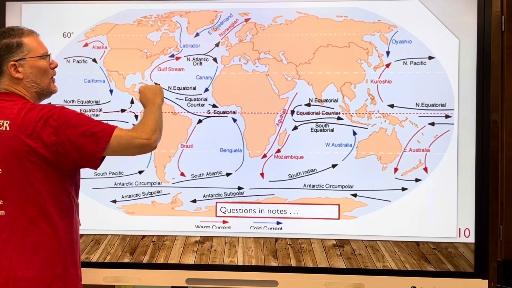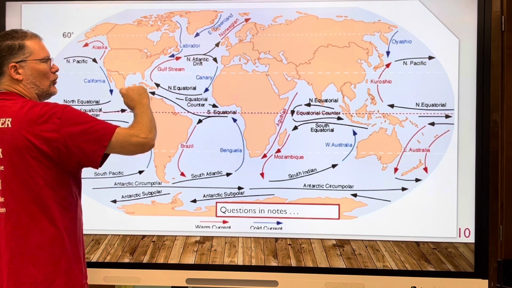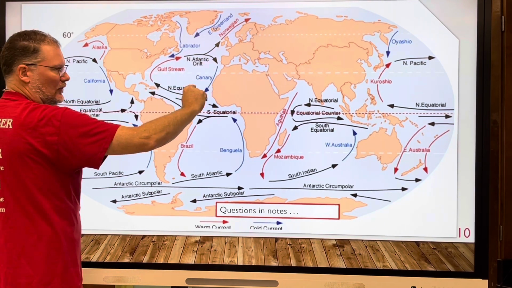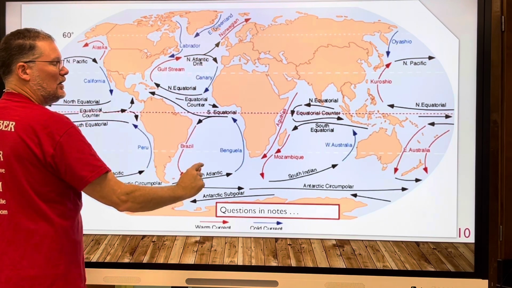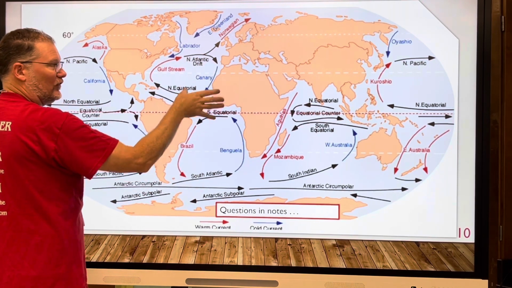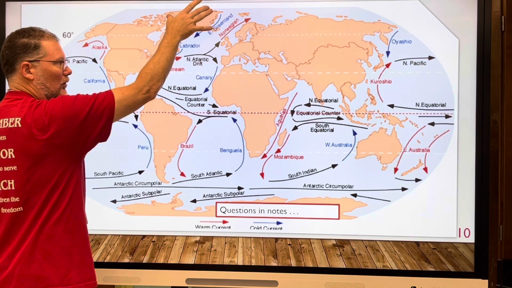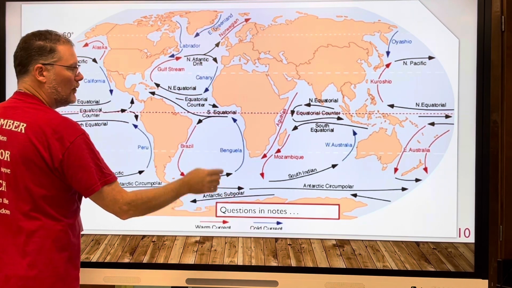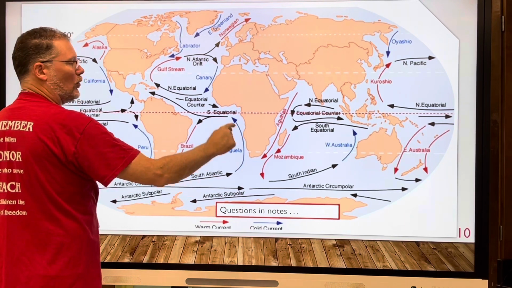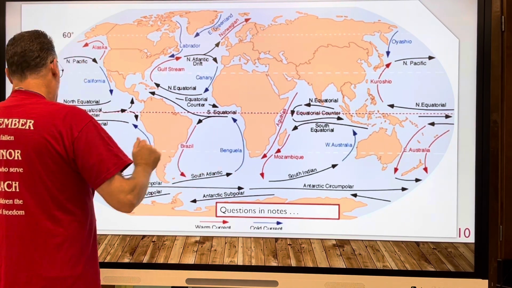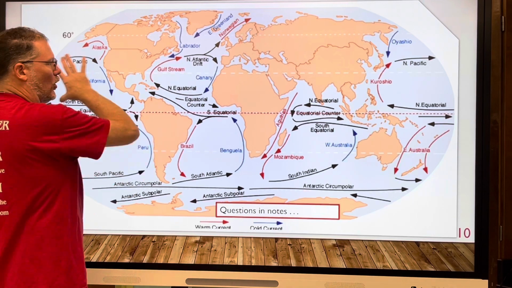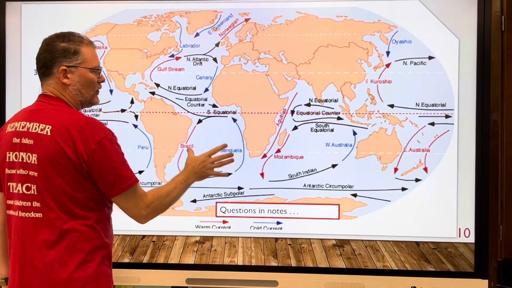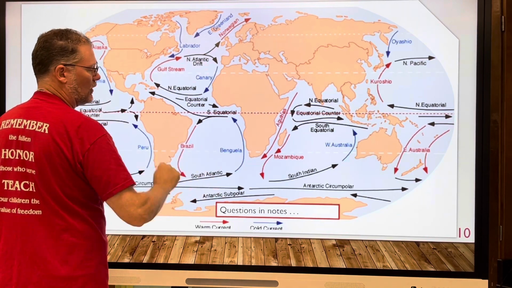So you can see you've got these clockwise currents in the northern hemisphere, but down here, because it's flipped from cold to warm, to warm to cold, you're going to have a counterclockwise current. So in the northern hemisphere, all the currents are clockwise. In the southern hemisphere, they're all counterclockwise.